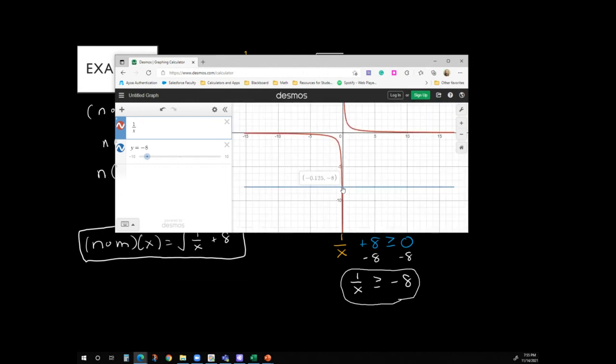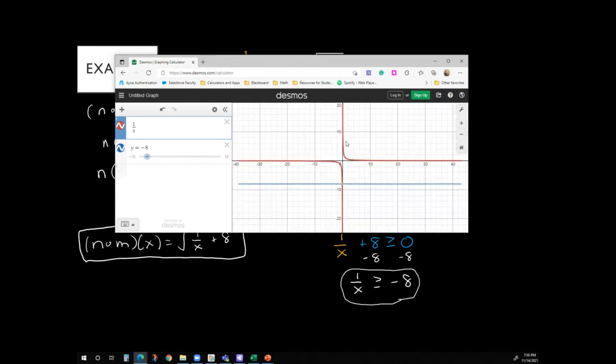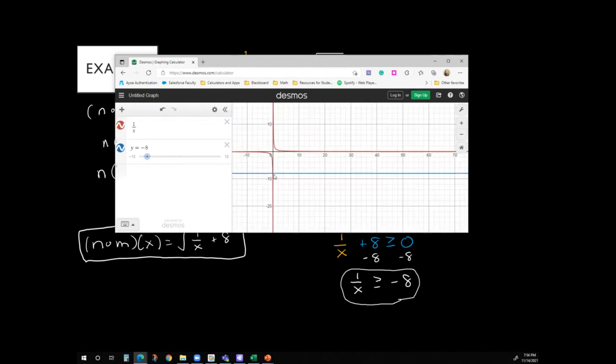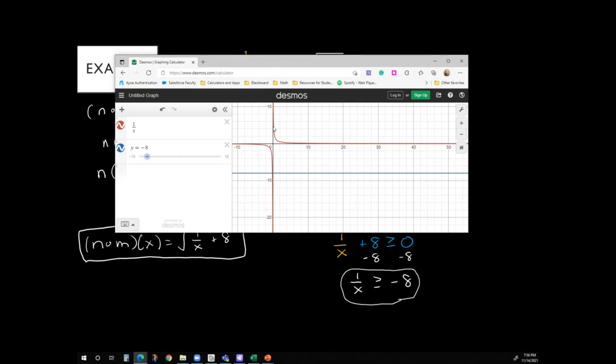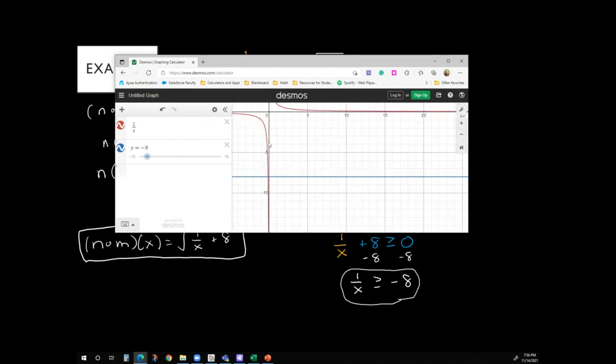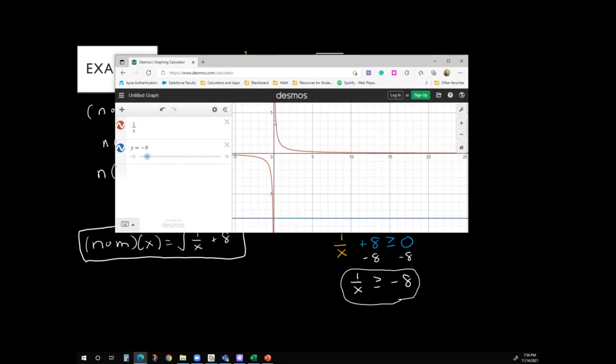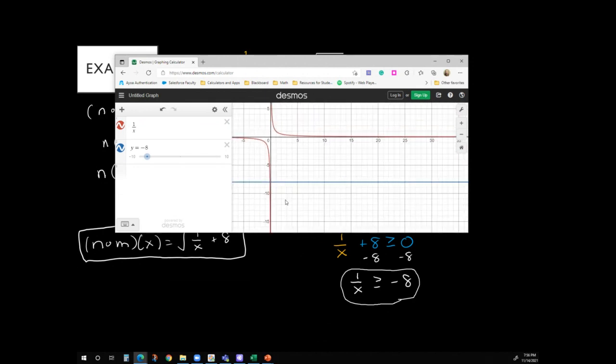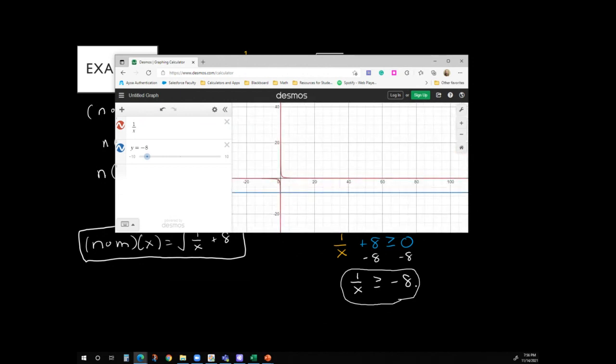That's at negative 1/8. And then it looks like this is probably at 0. Yeah, at 0 here, and then that's when the next part is, because between negative 1/8 and 0, it appears to be below. So we're looking for where the 1 over x equation is greater than the negative 8 equation.